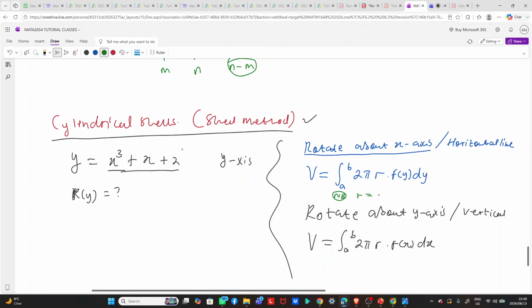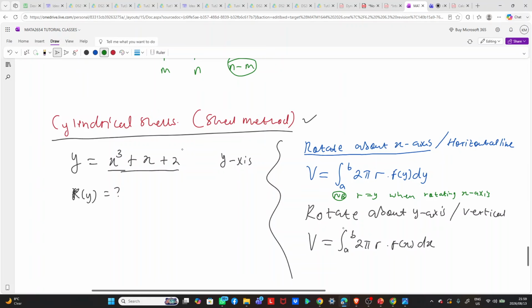Note that r will be y when you rotate about the x-axis.